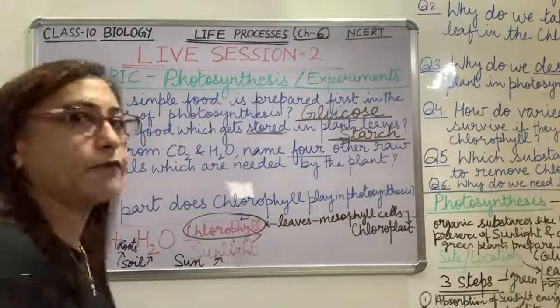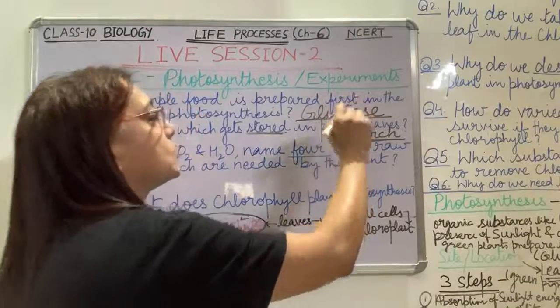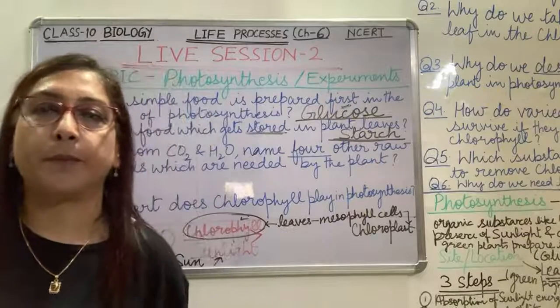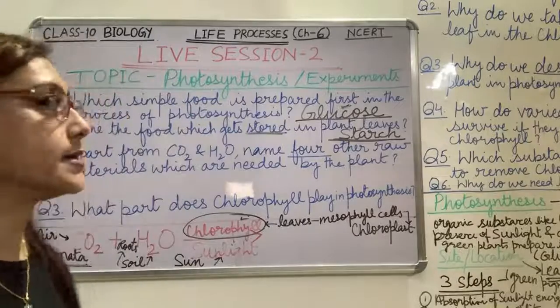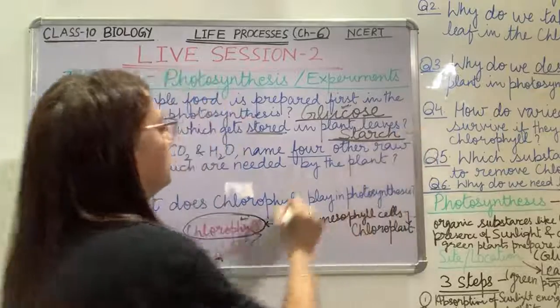Glucose is prepared by photosynthesis, and all the glucose is not used up by the plant at one time. So whatever extra glucose is there, that gets stored in the leaves in the form of starch.